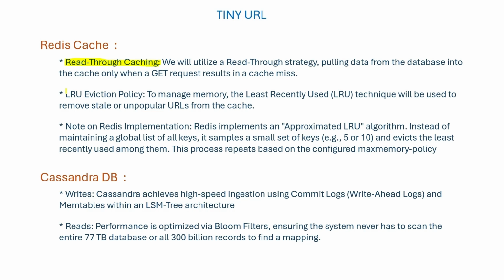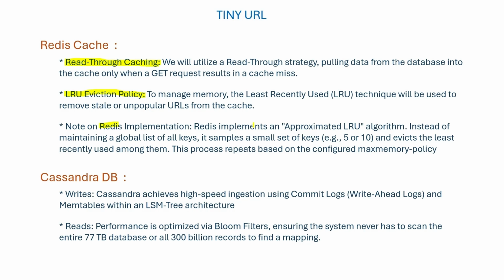However, one note around this is that Redis does not have an actual least recently used eviction policy. By which I mean, it will not have all the short URLs in its memory and keep track of how many times a particular short URL has been used. That will not be captured by Redis.